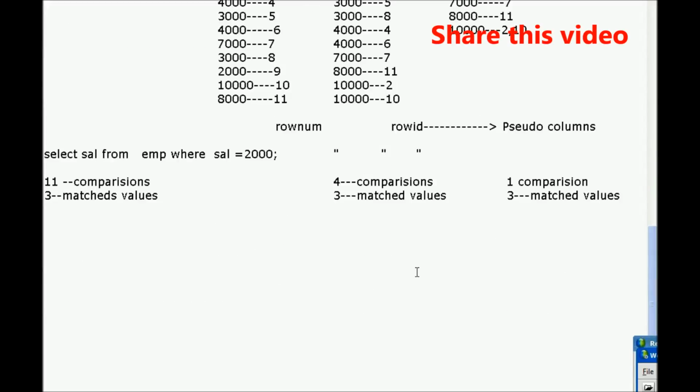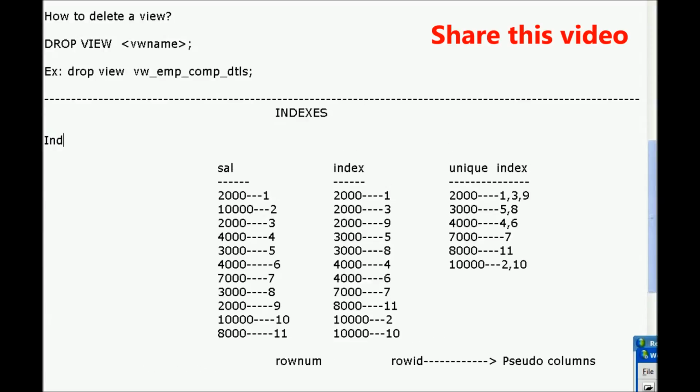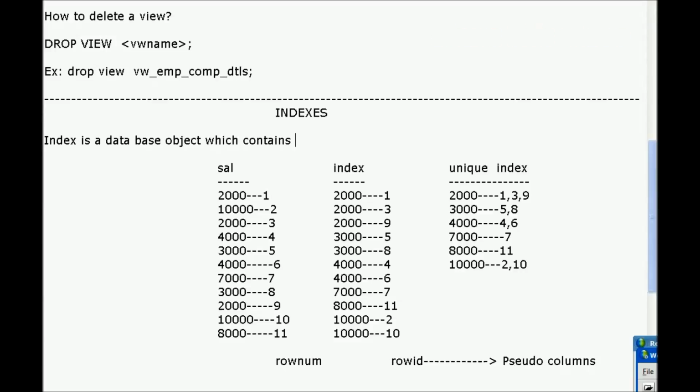Now, what is an index and how is it improving? Here I am writing: an index is a database object which contains ordered data of the columns.